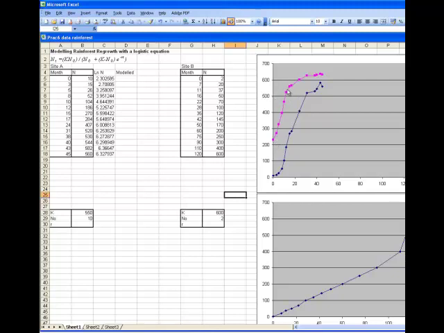So in order to find the gradient of a straight line, we divide the change in y by the change in x. So down in here, where we define little r, we need to put in the change in y over the change in x. The change in y will be the difference in value between one of these numbers and the one that precedes it.